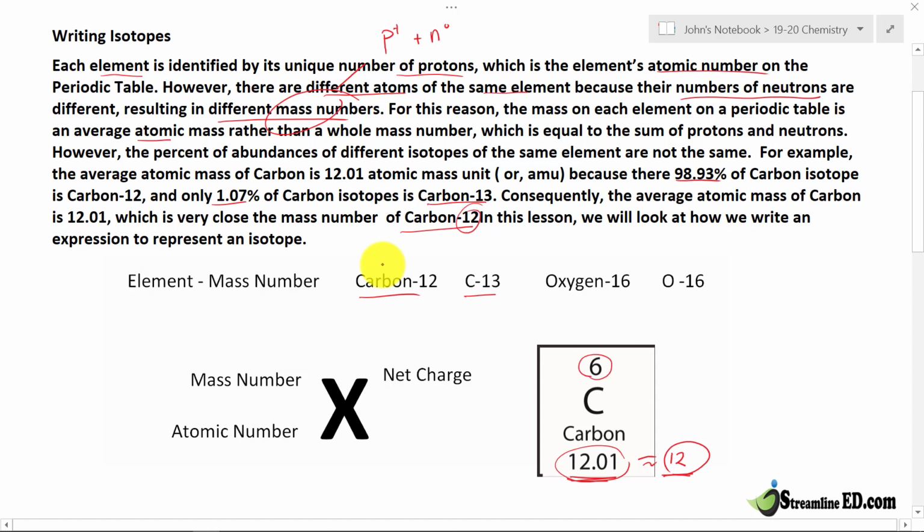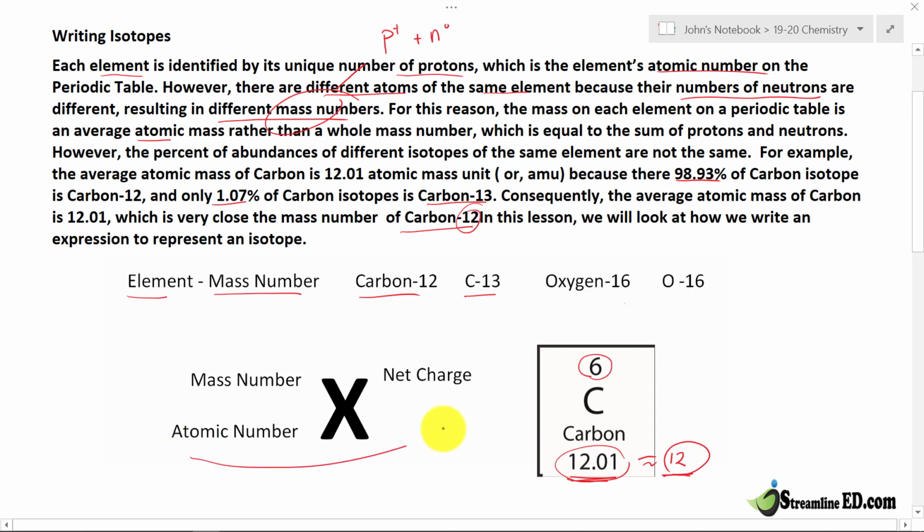Now in this lesson, we are going to look at how to write an expression to represent an isotope of an element. There are two ways to write an isotope. First, we have the element followed by the mass number, like carbon-13, or C-13, or oxygen-16, or O-16.